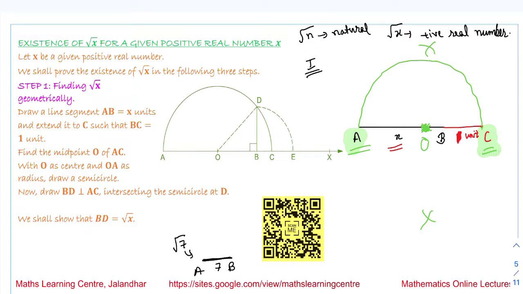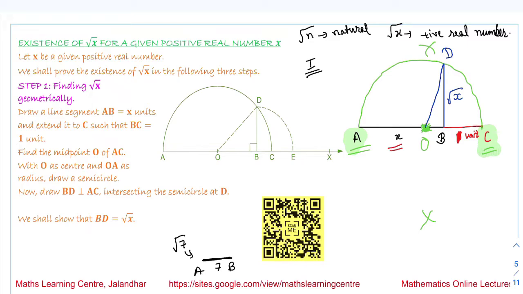Now the next step is to draw a perpendicular at B, and we join this point O and D. Now we claim that this length BD is square root of x.